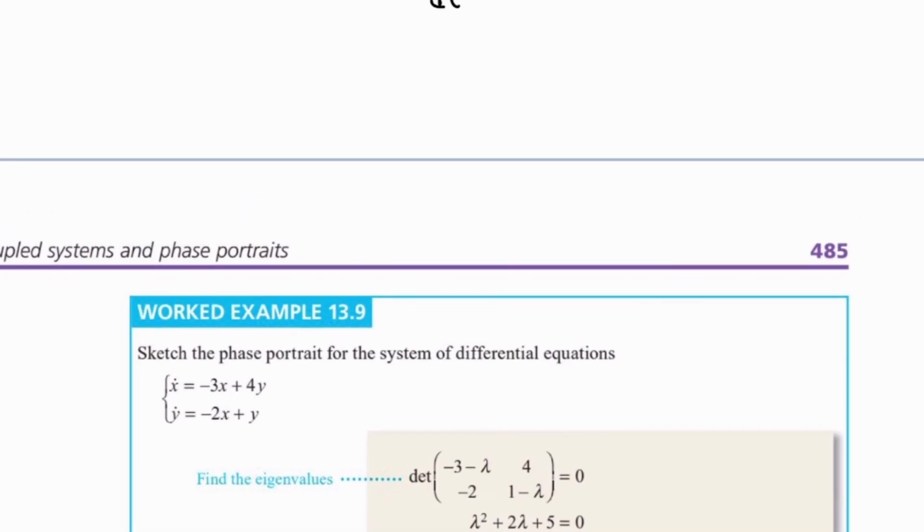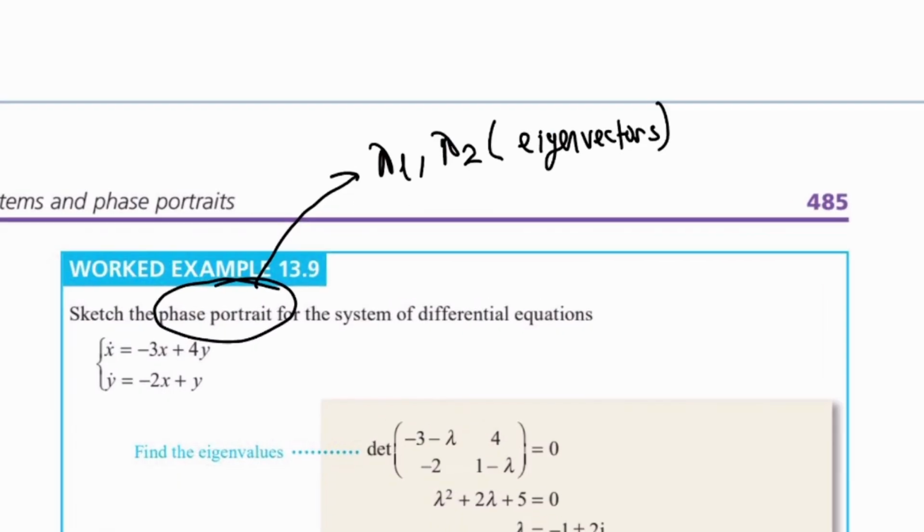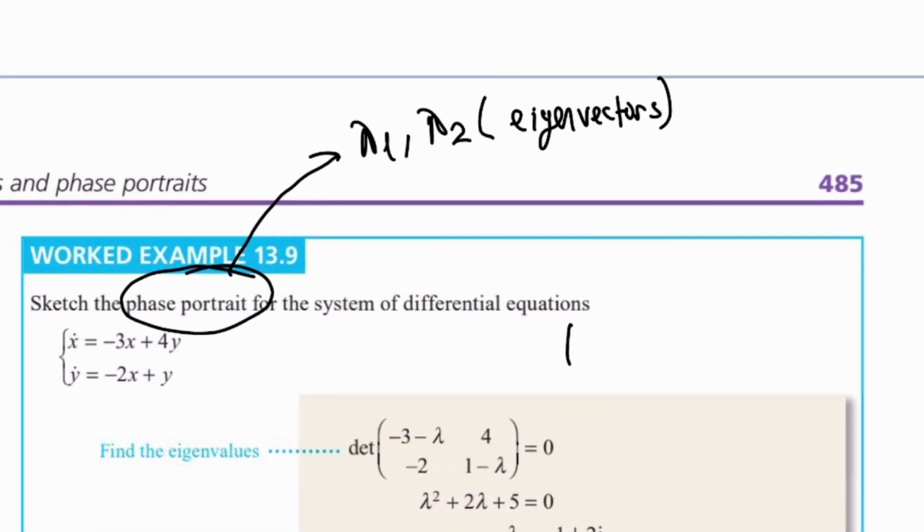Sketch the phase portrait of the system of differential equation. Guys, what you need to do, just to sketch phase portrait, you just need lambda 1 and lambda 2, which is your eigenvalues, right? Okay. Now, how you can find eigenvalues? Again, the same rule, right?